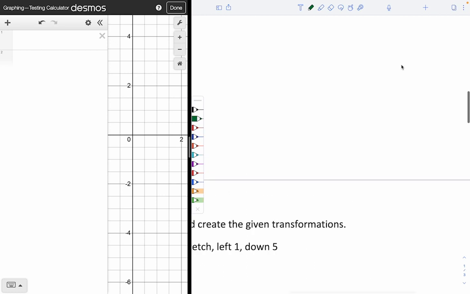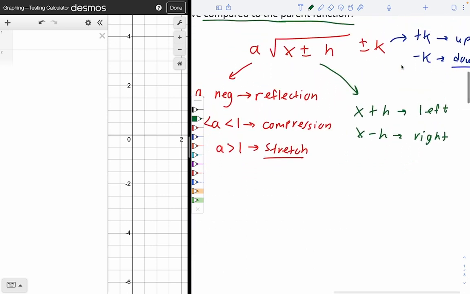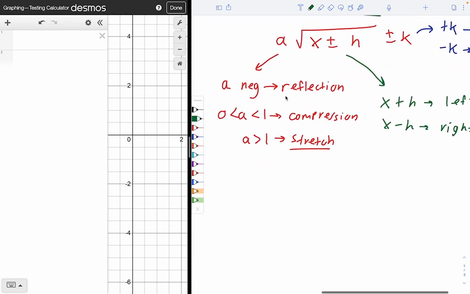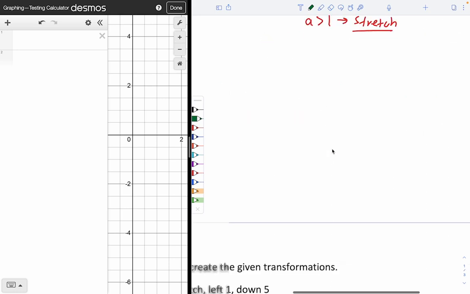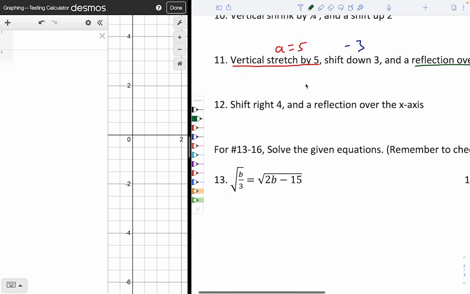So where in our rules do we see reflection? That means the a value is negative. So our equation will be negative 5 square root x, and then a k value of minus 3. Done.